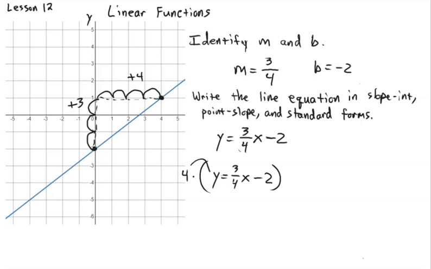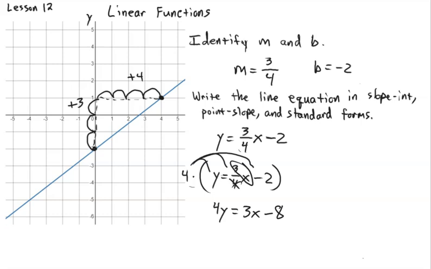So 4 times y, 4 times this, 4 times negative 2, okay? And that gives us 4 times y is 4y. 4 times 3/4, remember, when we multiply a fraction times its denominator, all it does is cancel the denominator. So all we have left is 3x. So this is equal to 3x, okay? Then 4 times negative 2, that's minus 8.